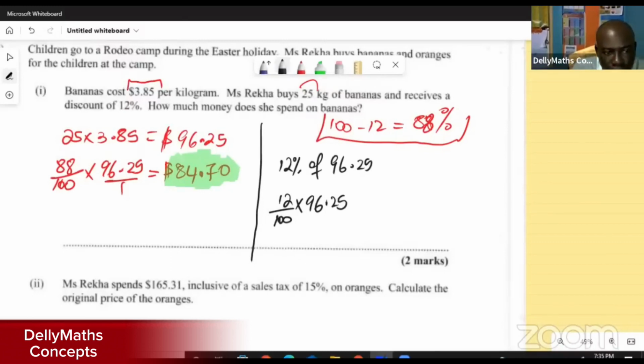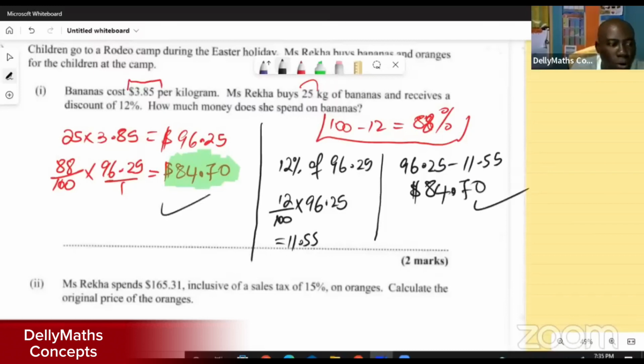And that would have given us $11.55. This is the discount. So since this is the discount, now we would have to take the discounted amount from the total to know how much she would have paid. And we will get the same answer. So depending on how you approach it, you would have got the same thing. So you could see we still get our $84.70. So whichever method you want to use, you would have got the same answer.